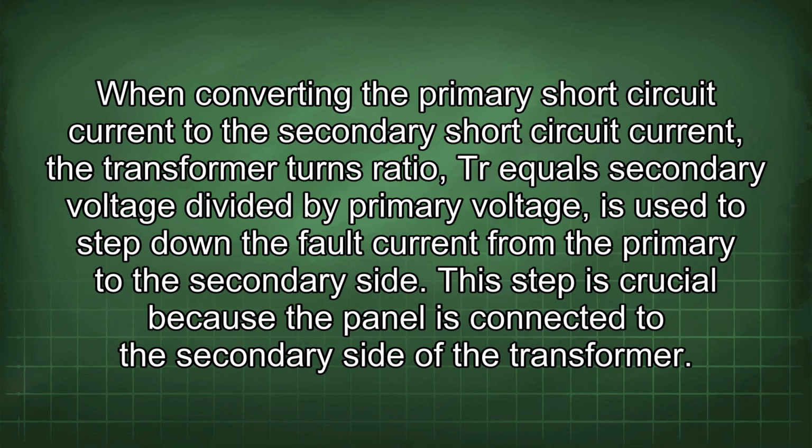When converting the primary short circuit current to the secondary short circuit current, the transformer turns ratio, TR equals secondary voltage divided by primary voltage, is used to step down the fault current from the primary to the secondary side. This step is crucial because the panel is connected to the secondary side of the transformer.